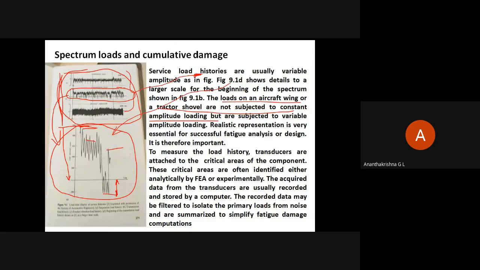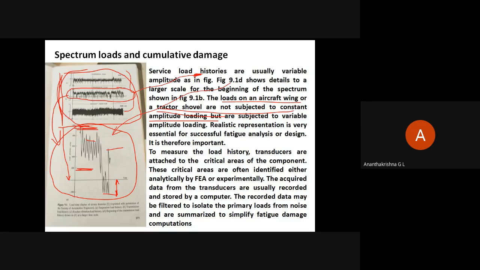And how that affects fatigue loading is what we are going to understand. All the components, be it an aircraft wing, a tractor shovel, a lathe machine, a drilling machine, milling machine, CNC lathe, whatever, are subjected to a spectrum of fatigue loading where the amplitude of vibration will vary.